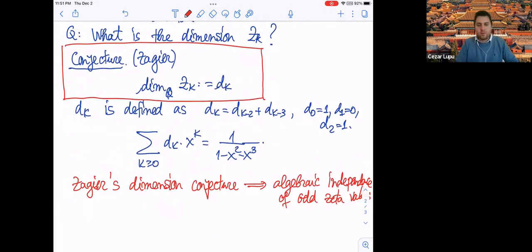We don't even know, let's say for d_5, what happens. We know it has an upper bound, and in fact there has been some progress towards proving this conjecture. It was proven that d_k is the upper bound for the dimension, but we also want to prove that it is a lower bound as well.